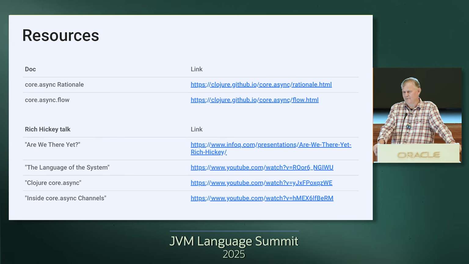Rich's background is as an audio engineer, and he's still doing some of that work as a hobby. So he was working on some MIDI routing things and writing things with core async at the time, and finding that he was writing all this boilerplate, which he could definitely do. He's qualified to do that work.